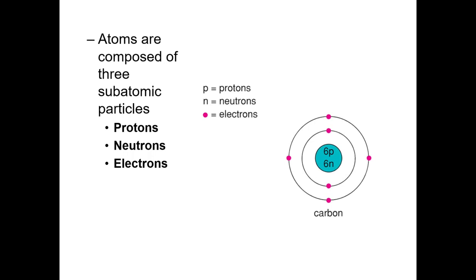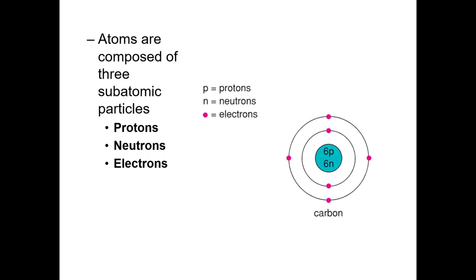So in an atom, we have 3 subatomic particles. We have protons, neutrons, and electrons. Protons carry a positive charge, neutrons carry a neutral charge, and electrons carry a negative charge. And this picture is showing you how an atom is set up. So that center blue part is the nucleus.